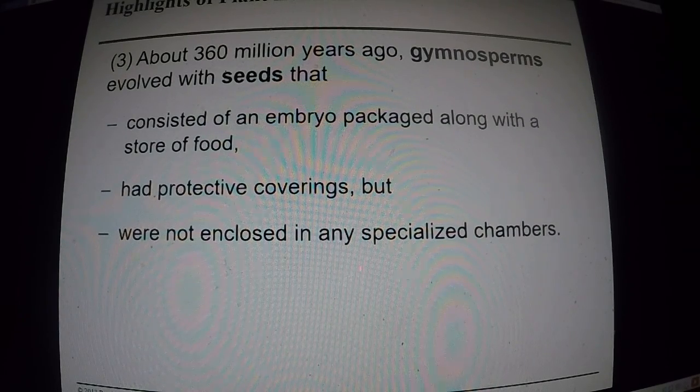Then, 360 million years ago, the first group of organisms evolved with seeds, the gymnosperms. They consisted of an embryo, the seed, packaged with a store of food and protective coverings, but not enclosed in any special chambers. They were just on the cones, naked on the cones, which gets the name gymnosperm, meaning naked seed.